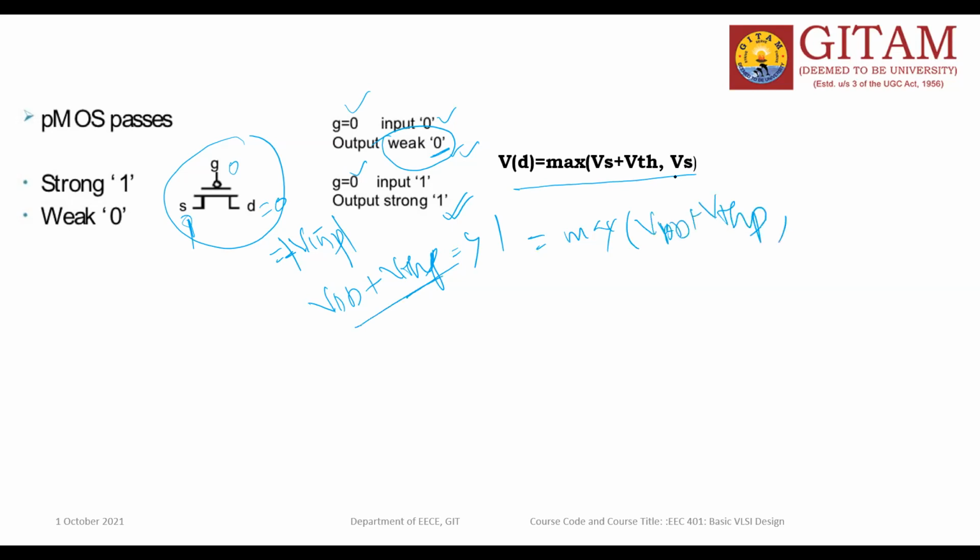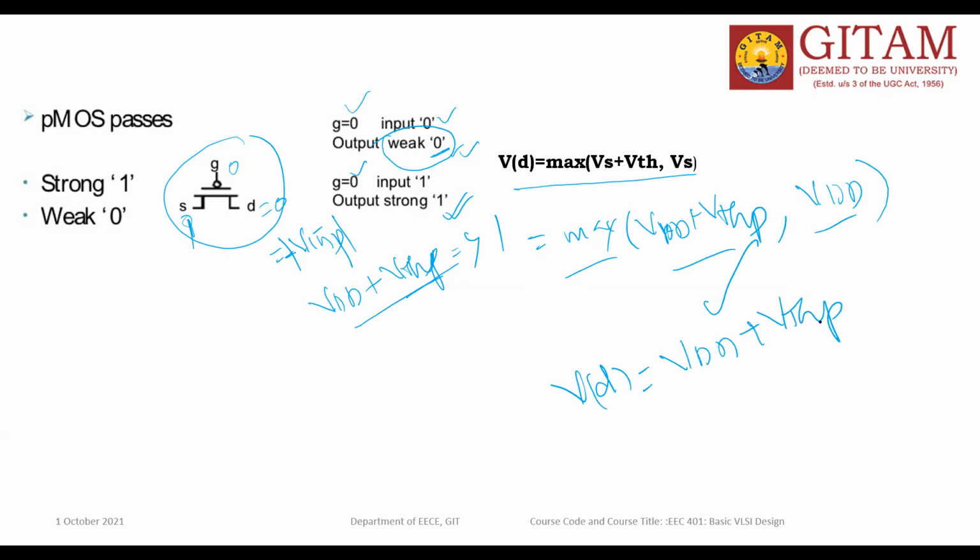What is the Vs? Whenever the logic is 1, it means VDD. What is the maximum value of these two terms? So the drain terminal voltage VD is equal to VDD plus VTHP.